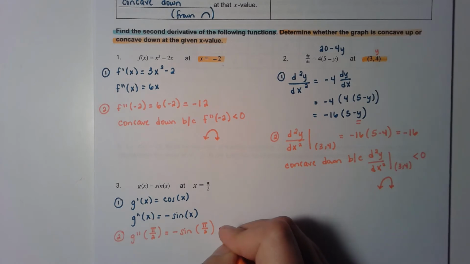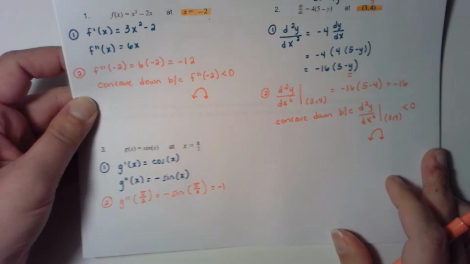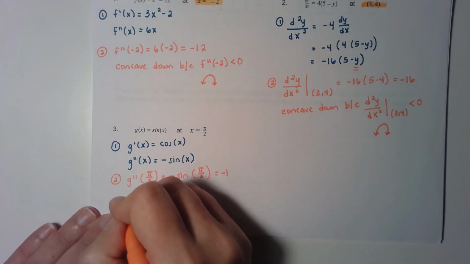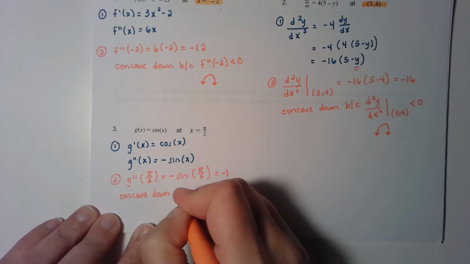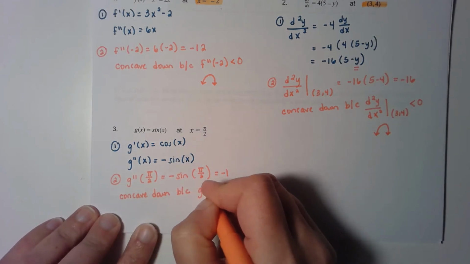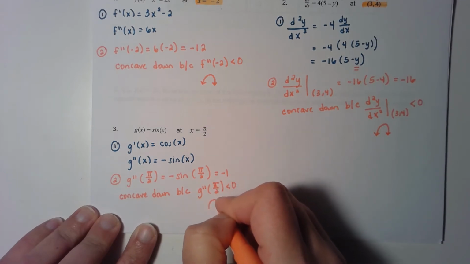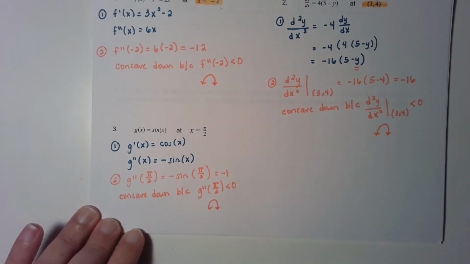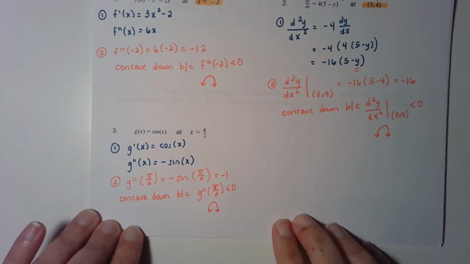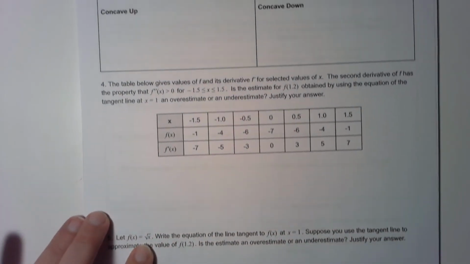Sine of pi over 2 is 1, so it would be negative 1, which means my function is going to be concave down. Because the second derivative at pi over 2 was less than 0, and again, that means it looks like a frown. Now, there are going to be functions, obviously, that are concave up. These are 3 examples. They all happened to be concave down, but there will be examples where it is concave up.